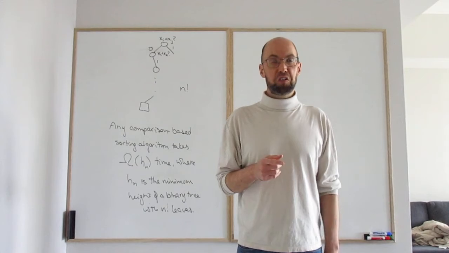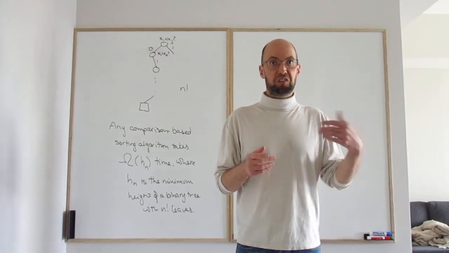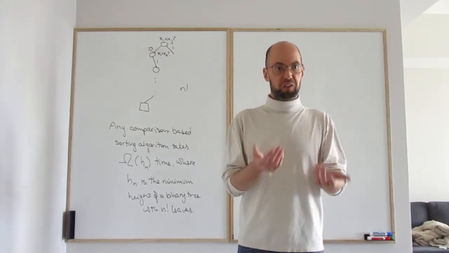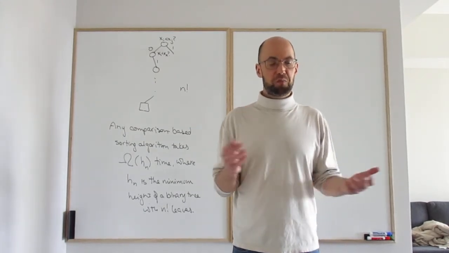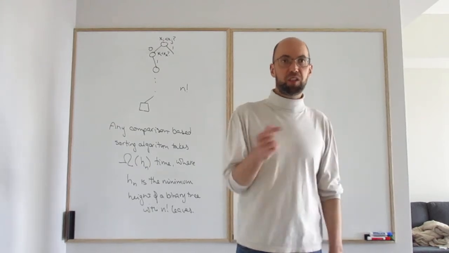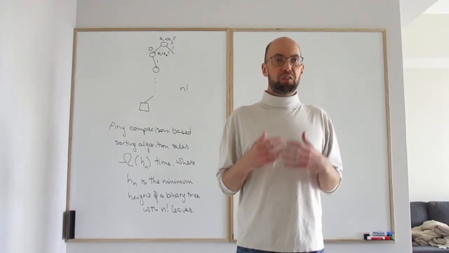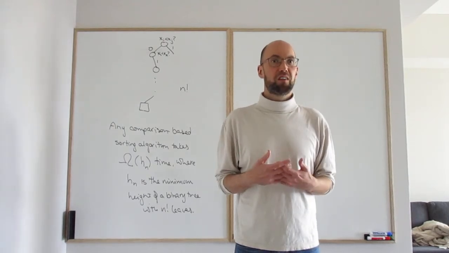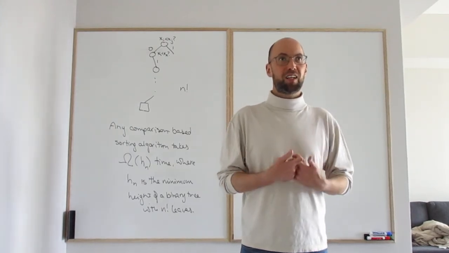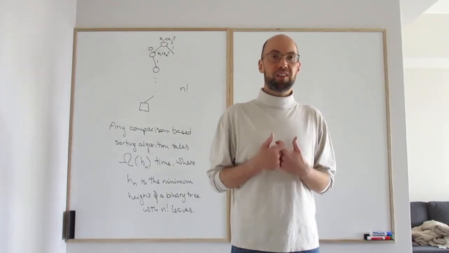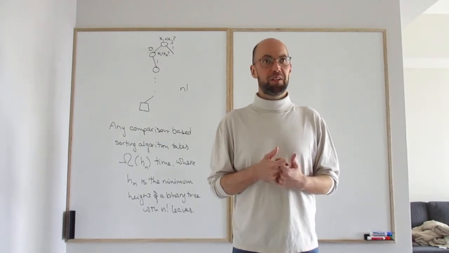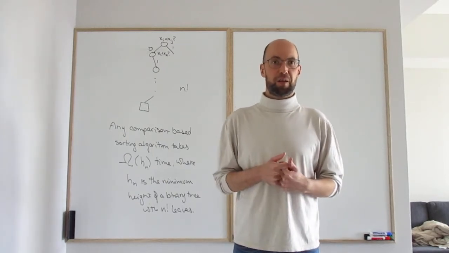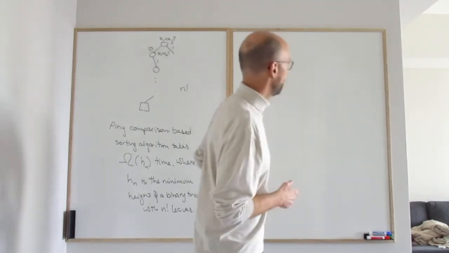If I don't, then I start over again. I put the stuff back together, and I pick a new pivot. So this cannot be faster than quickselect. So if we can show that this algorithm is linear time, then quickselect is also linear time.